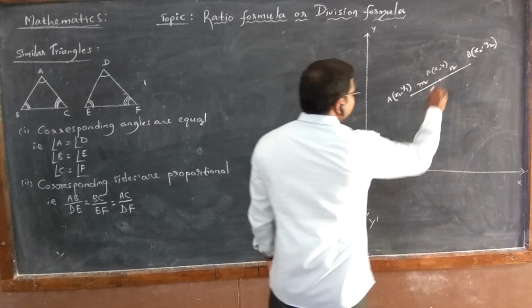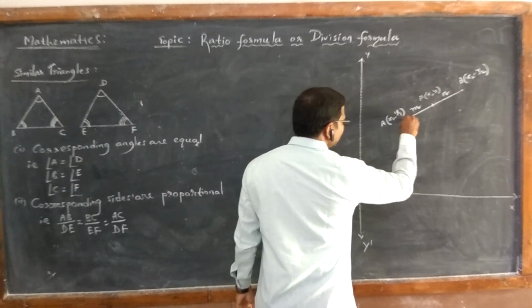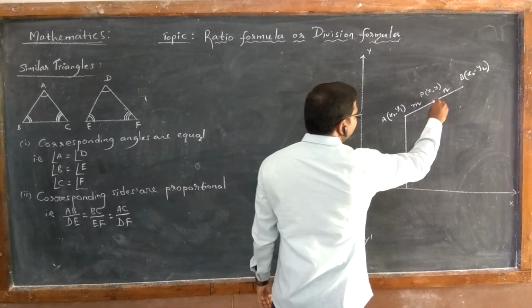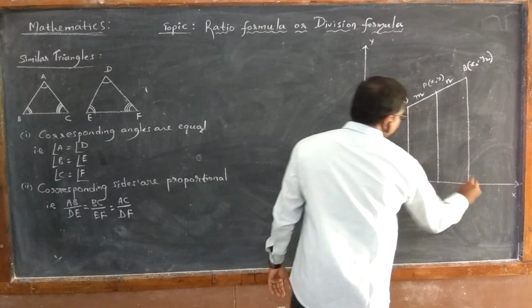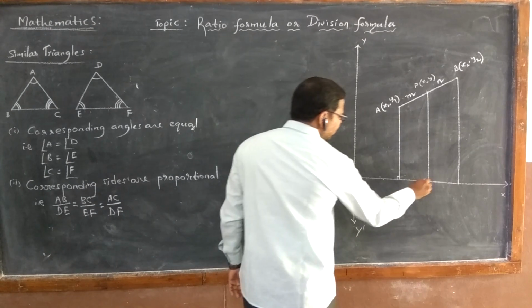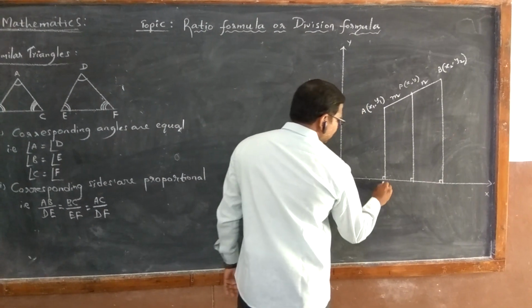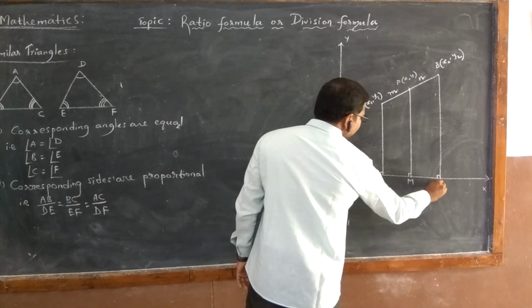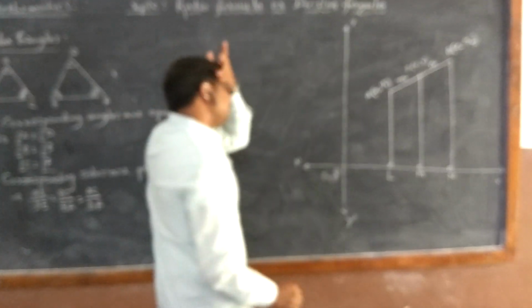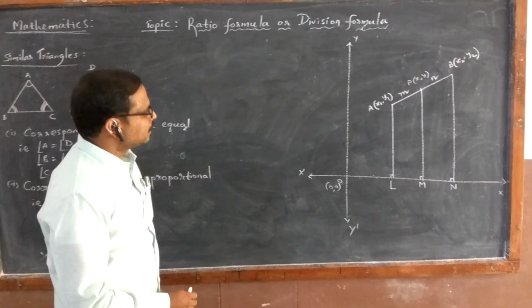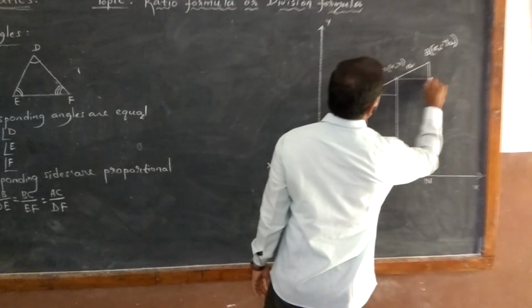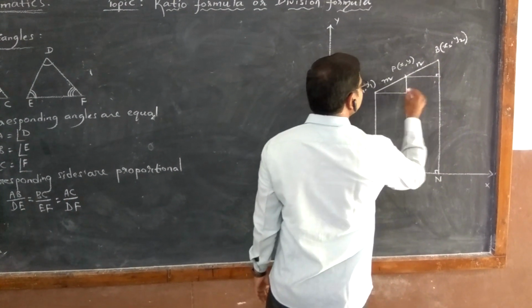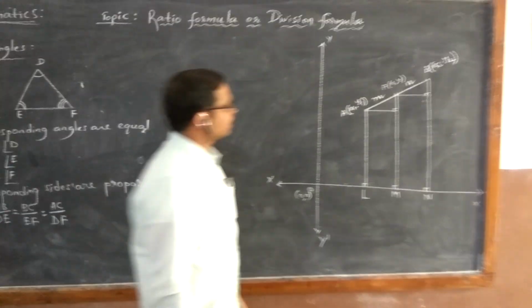For that purpose, I am dropping three perpendiculars, L, M, N. And also from A to this, from P to this, these are also perpendiculars.